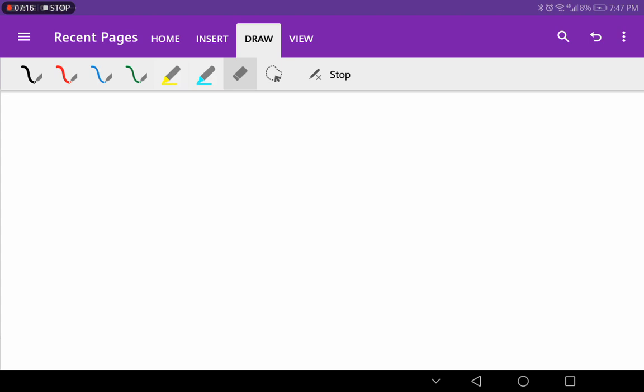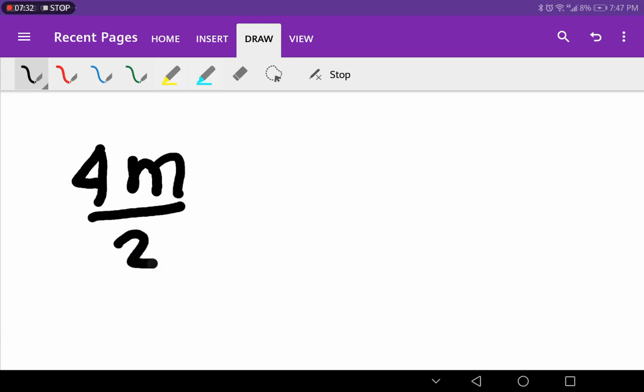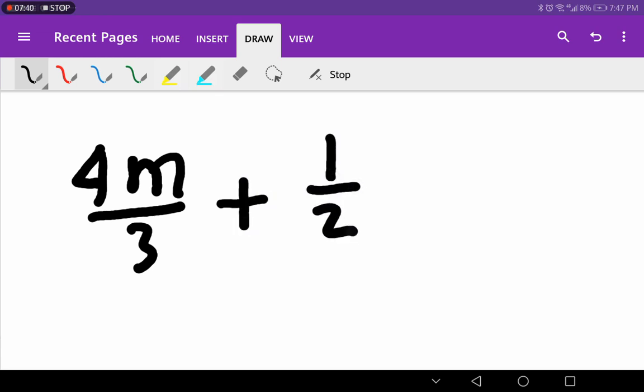If we have this equation, how can we do it? 4m over 3 plus 1 over 2 equals 5 over 6.